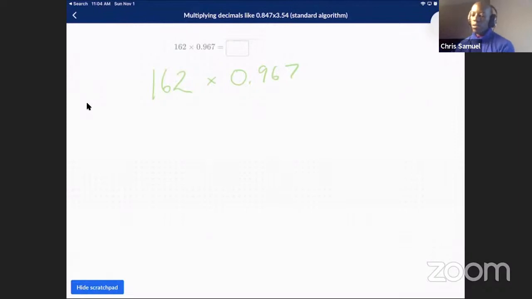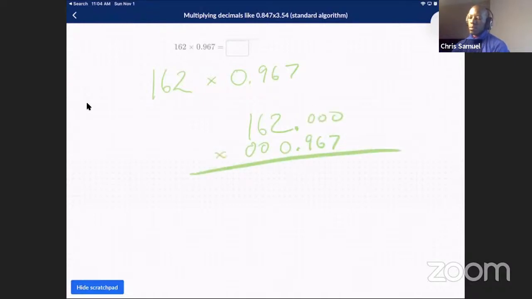So if we want to get an accurate number, 967. You want to get 3 decimal places.